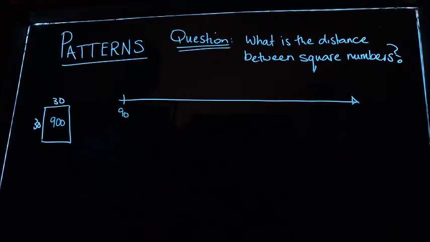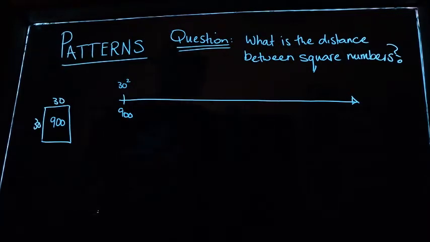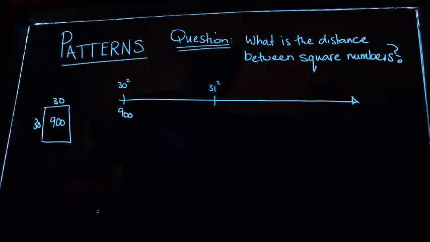We need to move to the next number, which is going to be 31 squared, and then say 32 squared.